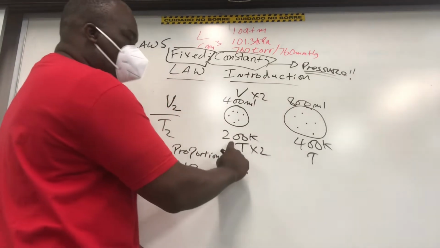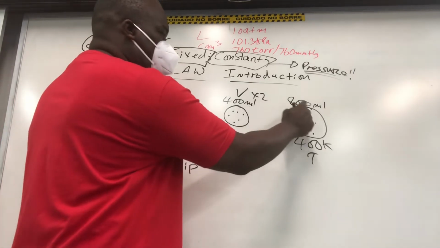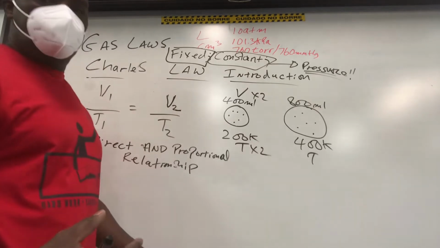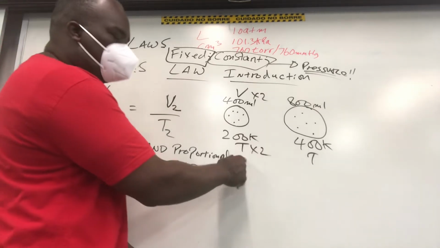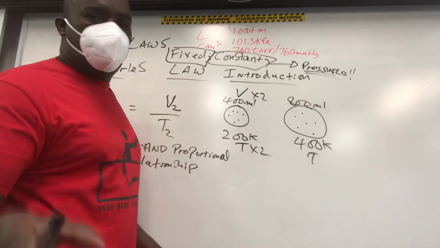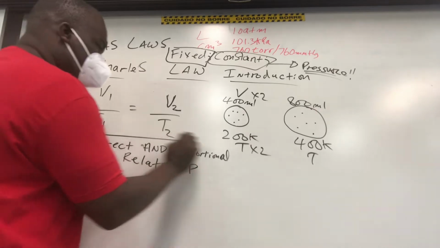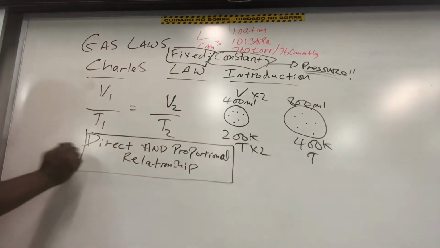So we go from 200 to 400. Here we're going from 400 to 800, so they both got doubled. If I decrease the temperature, the volume will get decreased in that same proportion, right? So that's the key of direct and proportional for Charles' law.